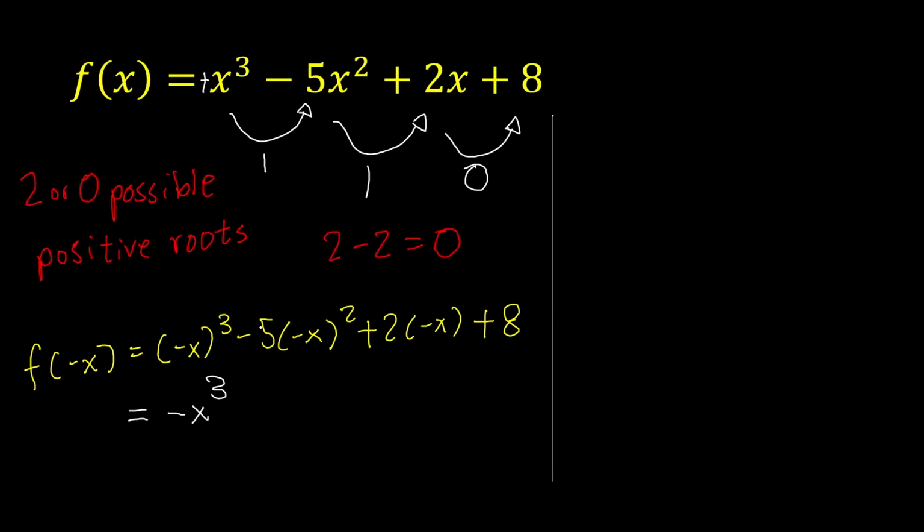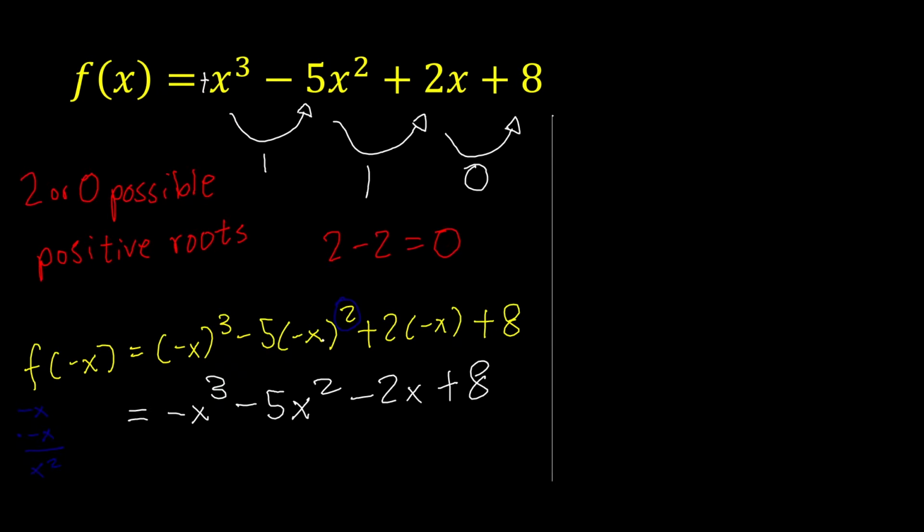I see that some students will just place positive 5x squared because negative 5 times negative x is equal to positive 5x, right? But you have to take note of the exponent. Remember that negative x times negative x is equal to positive x squared. So the answer to this is still negative 5x squared.